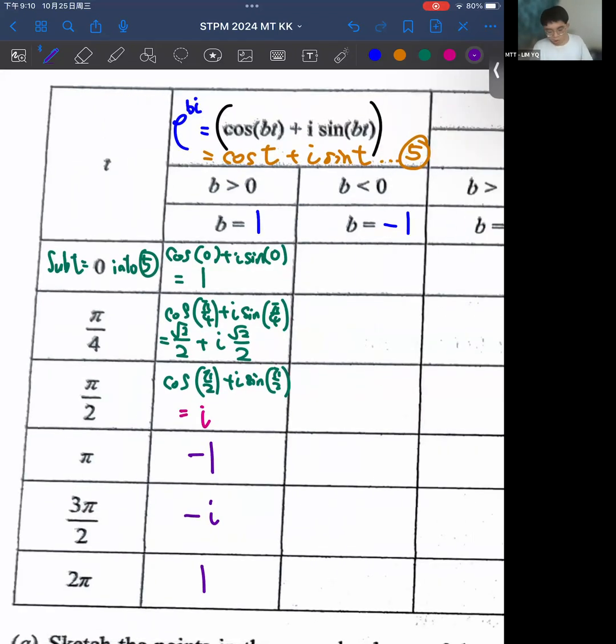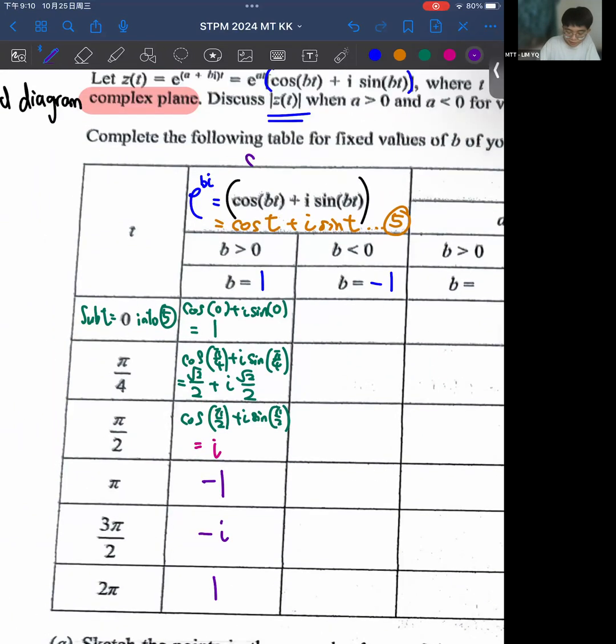When b is less than 0, you choose -1. Now no more equation 5. You generate another equation, equation 6, let's say. When b equal to -1, this becomes cos -t plus i sin -t. Now you substitute. This is equation 6.